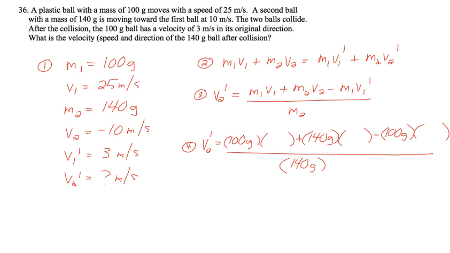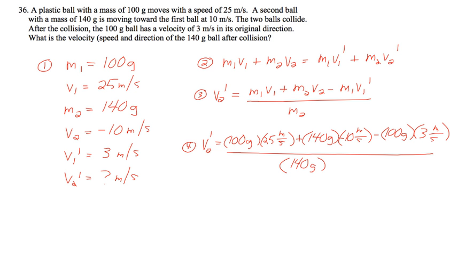And then v1 is 25 meters per second. v2 is negative 10, so if you forgot the negative, you won't get the right answer for this. And then v1 prime, again, the first object kept moving in the same direction. It just slowed down. So it's still positive, and that's 3 meters per second.